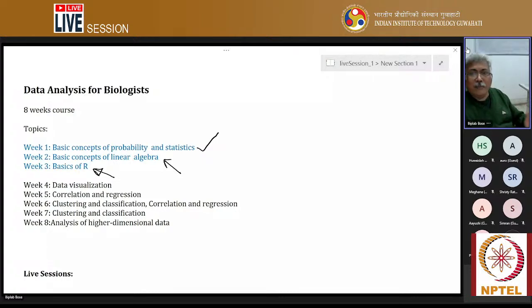Very recently, I was reading a paper where they have used a dimension reduction technique called PCA, which is completely based upon probability theory and linear algebra, and they have a completely wrong explanation of the PCA result.